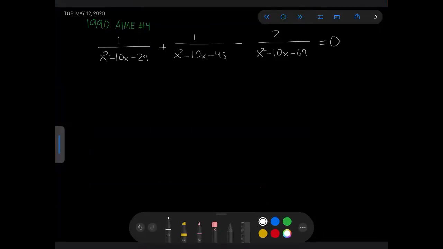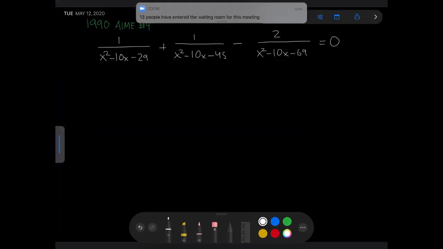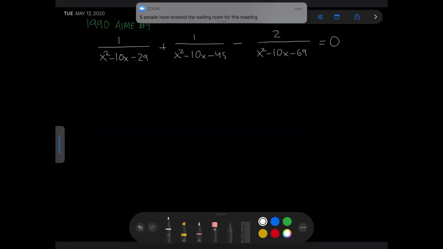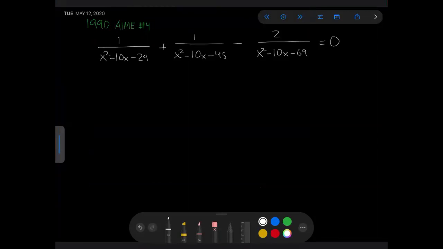All right, let's start off with 1990 AMC number 4. Our problem is: what is 1 over x squared minus 10x minus 29 plus 1 over x squared minus 10x minus 45 minus 2 over x squared minus 10x minus 69 equals 0. You want to find the values of x.